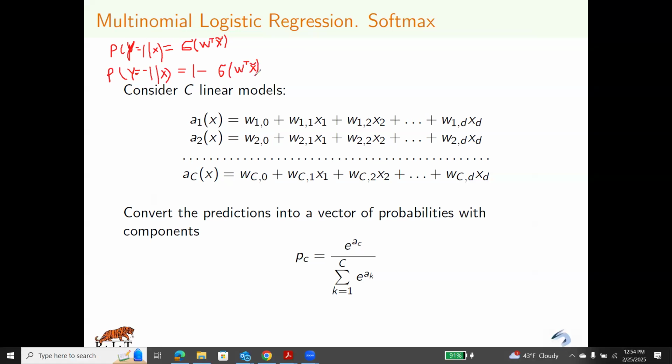Now let's think about another approach. Instead of using one function for both classes, let's introduce two linear functions, like here. One linear function and another linear function.